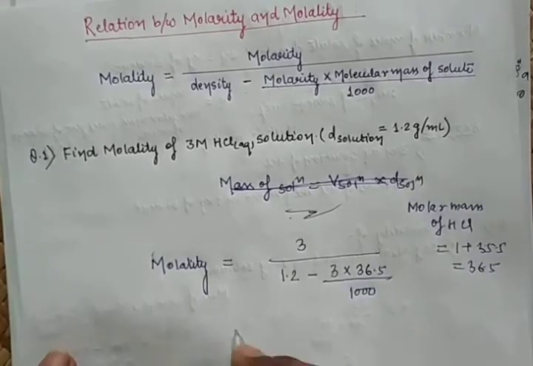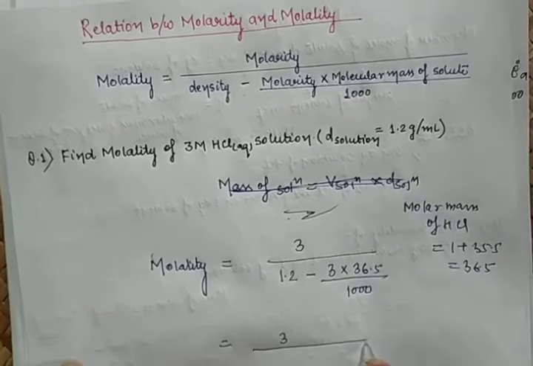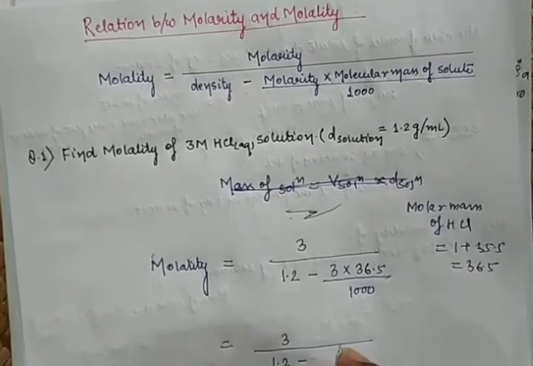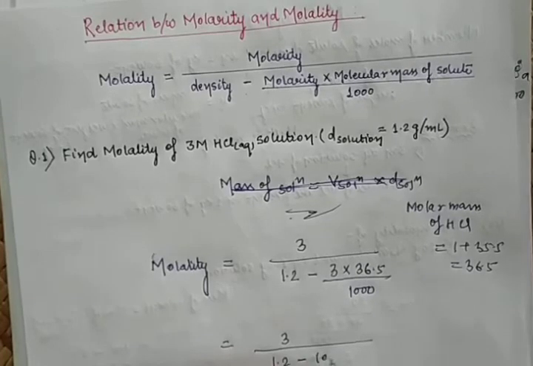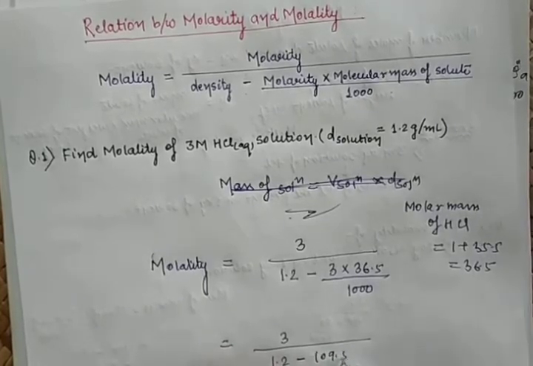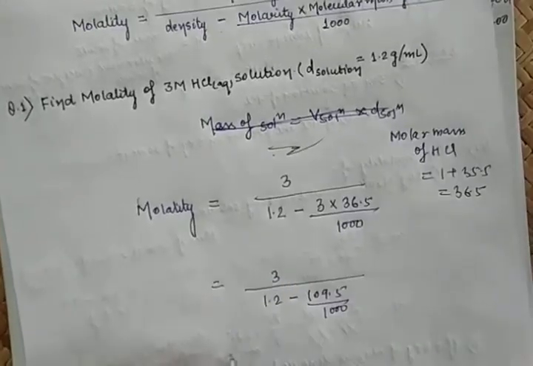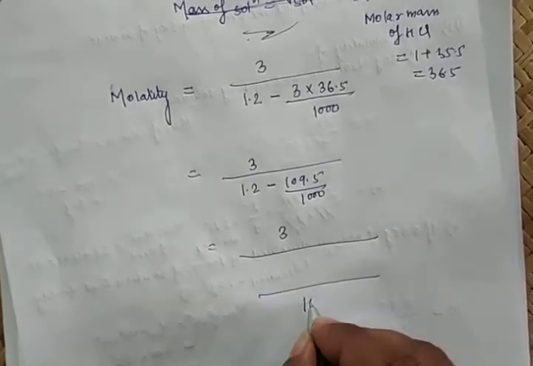Okay, so just convert: 1.2 minus 3 into 36.5, which is 109.5, divided by 1000. Okay, so what is the LCM? The LCM is 1000.